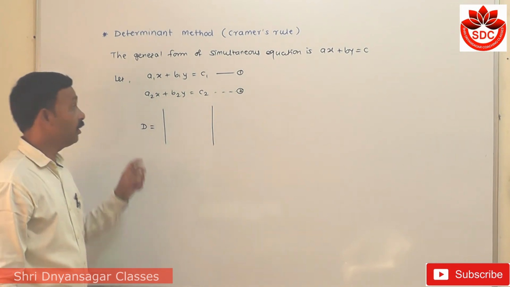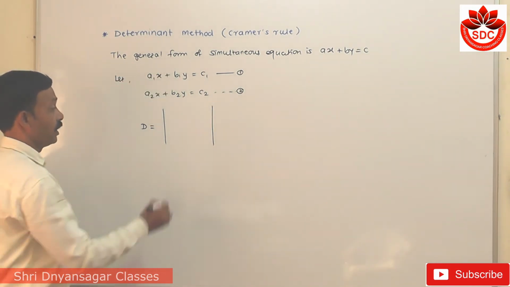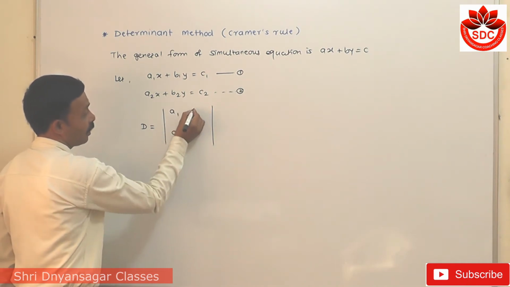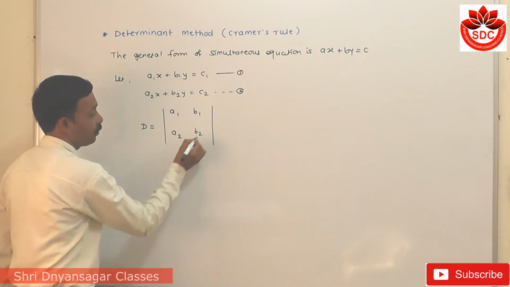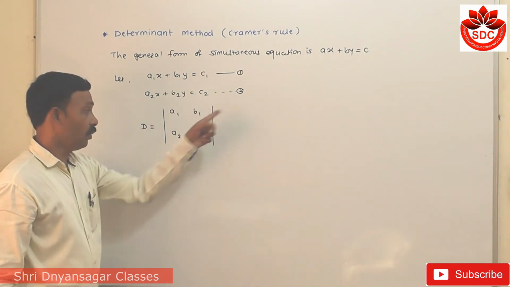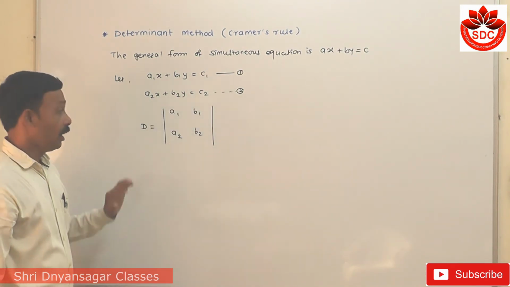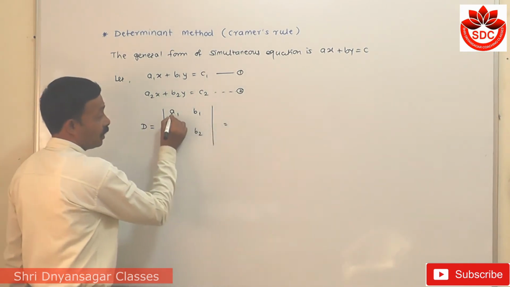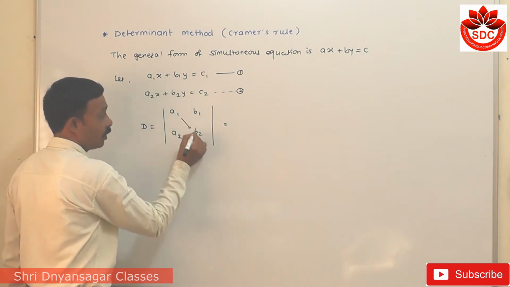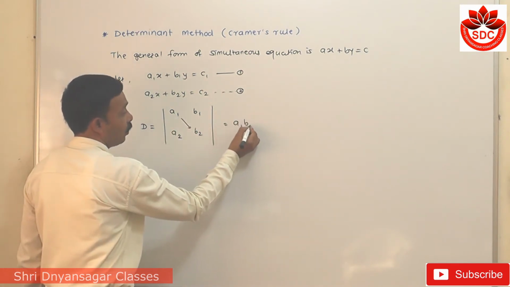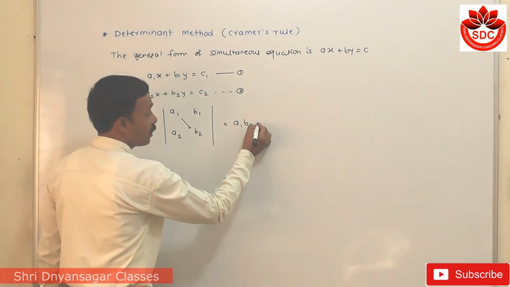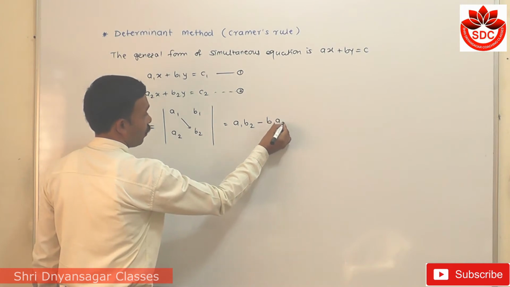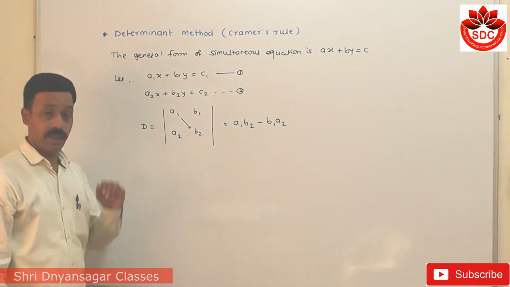In the first column we write a1 and a2, and in the second column b1 and b2. This is the row and this is the column. Now first always take this cross product, a1 into b2, minus the cross product b1 into a2. This is the value of the determinant.